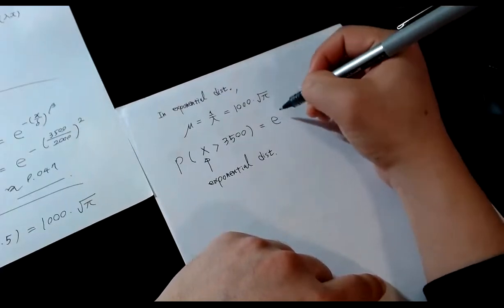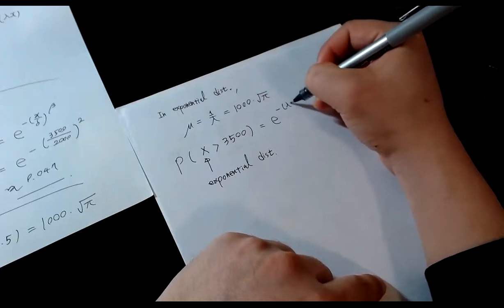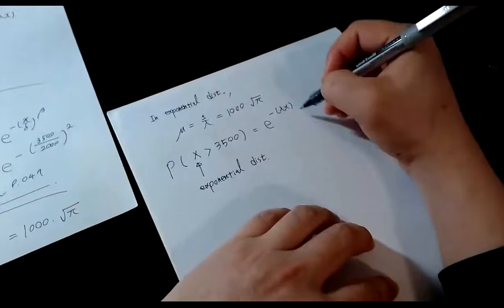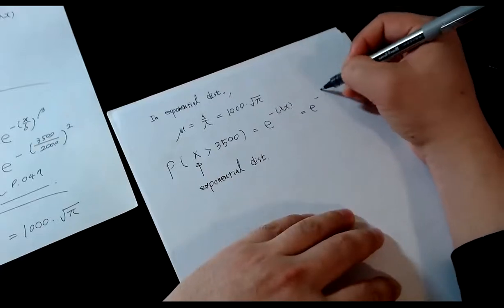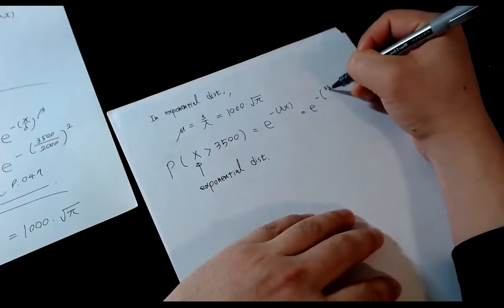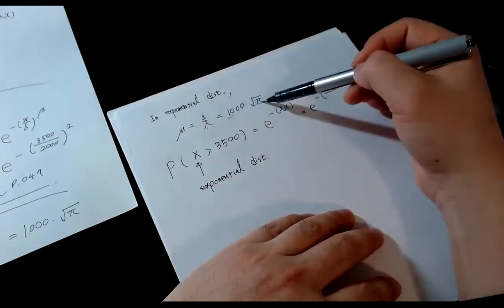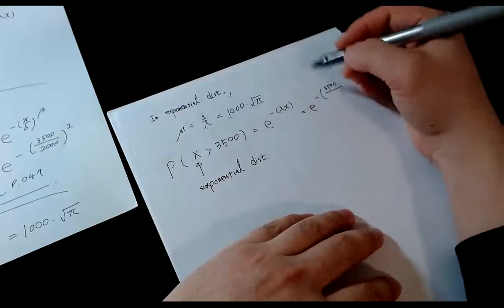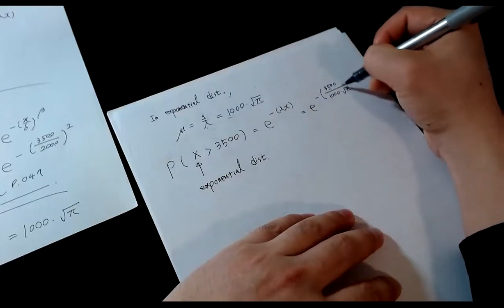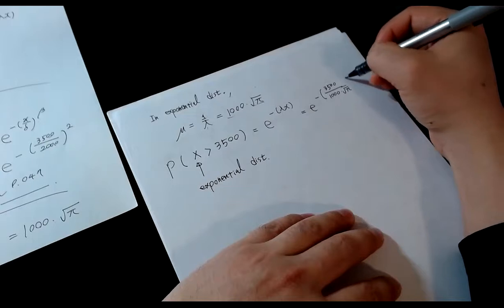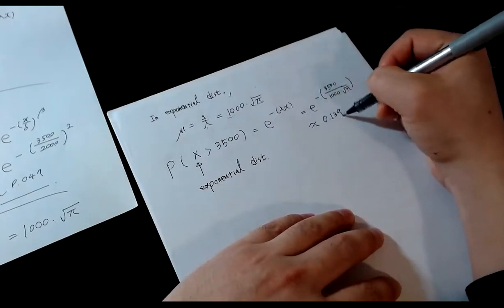This is equal to e to the minus lambda times x in our exponential distribution. So that is e to the minus 3,500 over 1,000 times square root pi, because 1 over lambda is 1,000 times square root pi. This is approximately 0.19.